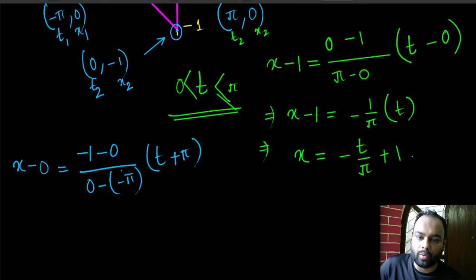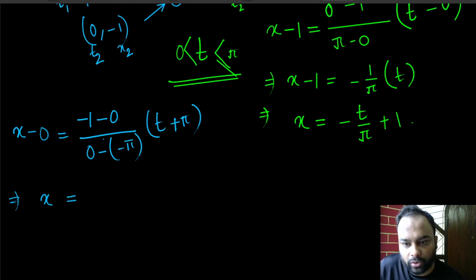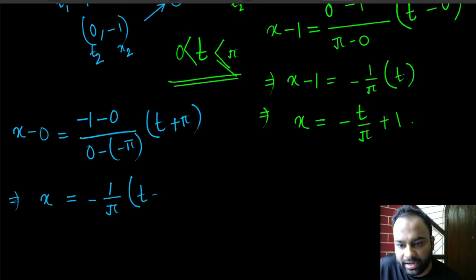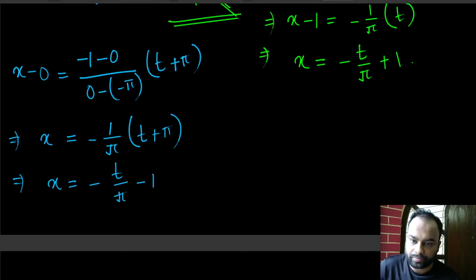So with that said, we have this expression. Here I have x equal to minus 1 by pi, and we have t plus pi, right? And if we simplify this slightly, we have x equal to minus t by pi minus 1, right?